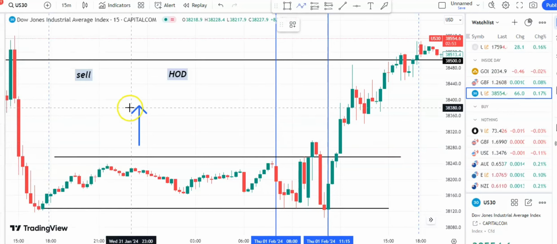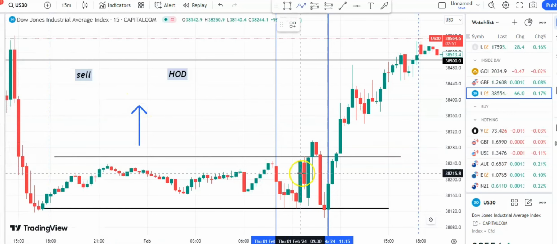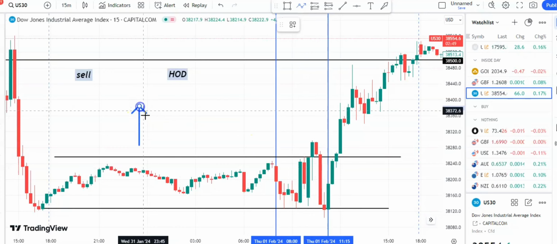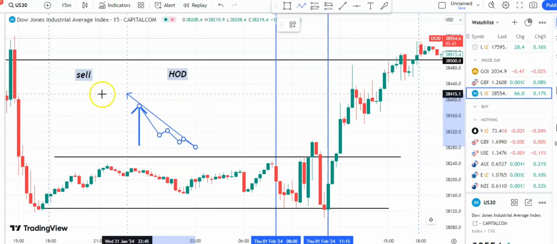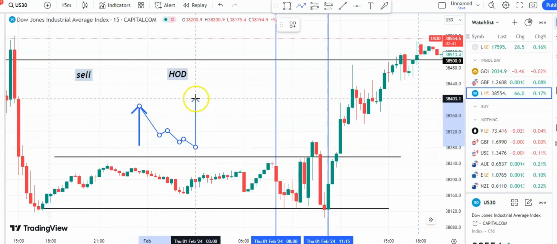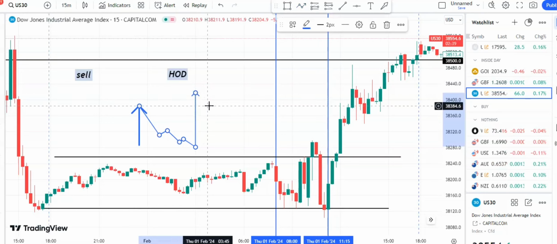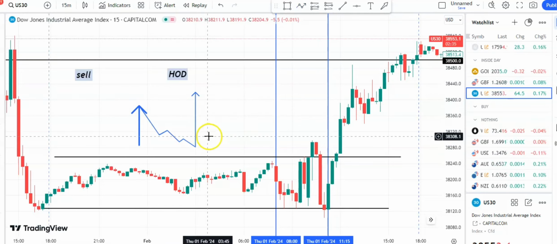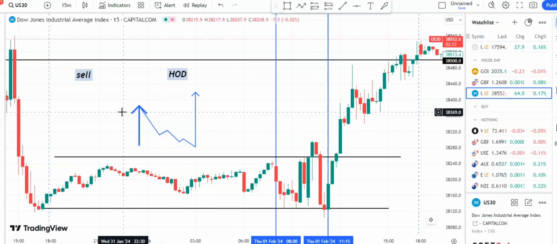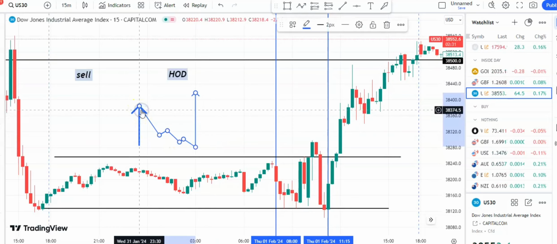So if I see a pin, not a breakout, then I know even if price has started to go lower, we will come back to that pin and clear liquidity at that level. And that is what we are waiting for, a breakout. A breakout to me is what tells me that we have cleared liquidity.